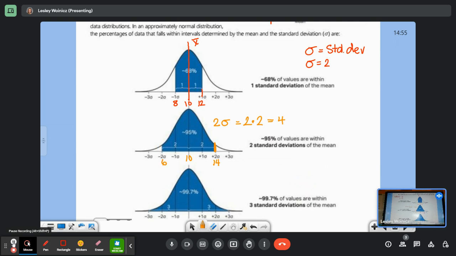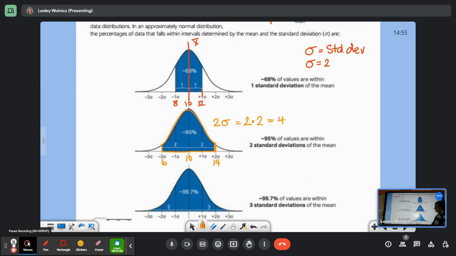So I'm taking away 2 sigmas. Okay, 95% of our data is going to be within 2 standard deviations of our mean. 95%. That's almost everybody. That's kind of cool, huh?